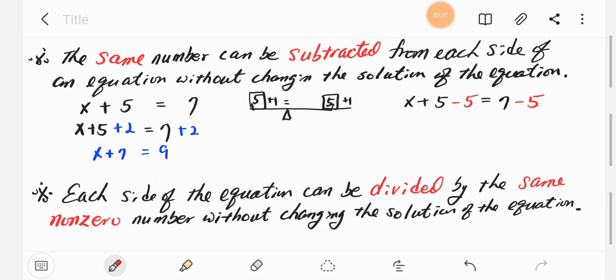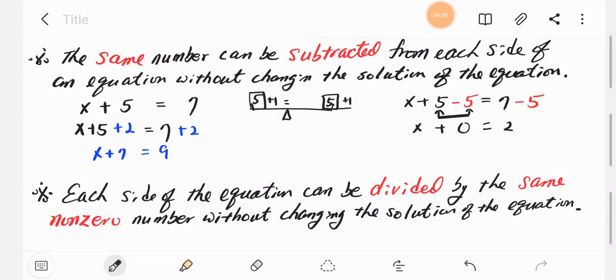Then what happens? 5 minus 5. Do you remember the associative property? So you can simplify these two, right? 5 minus 5 is 0. So this is x plus 0 is equal to 7 minus 5, which is 2. Then you are adding 0 to x.